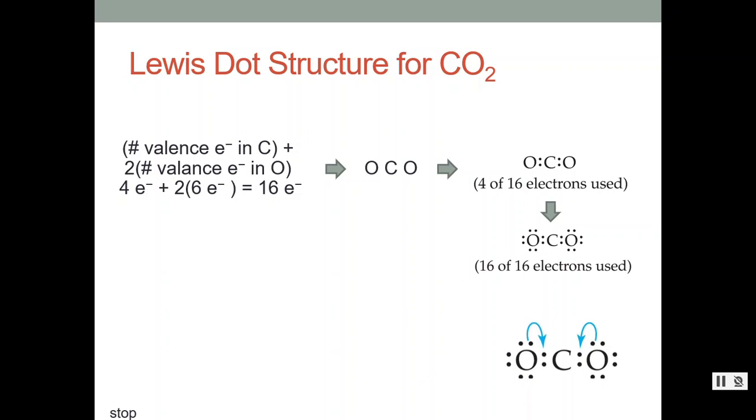In this case, we're going to shuttle 2 lone pairs, one from each oxygen, in between the carbon to give us this molecule with 2 double bonds. That is our Lewis dot structure for carbon dioxide. And so you should be able to use those steps to determine Lewis dot structures for molecules.